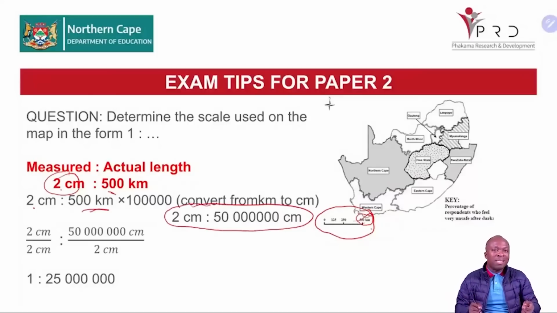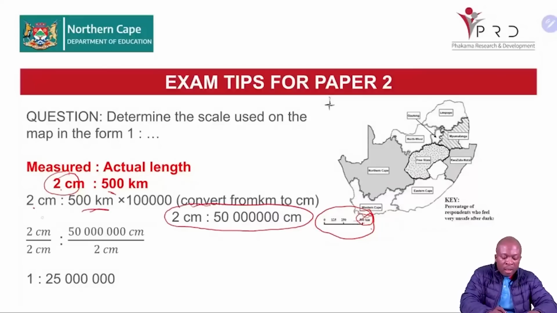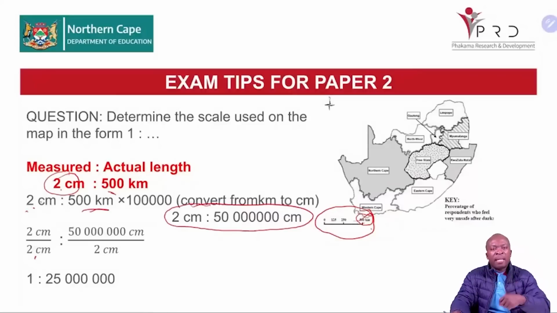So because they want the scale 1:2, it means that the value on our left side has to be 1. That is why you have to divide this 2 by itself. If it was 3 that we measured and got, we're going to divide by 3. If we had got 4.7, we are going to divide it by 4.7 on both sides. So we are dividing by 2 because we measured and we got 2 with this example that we are doing here.